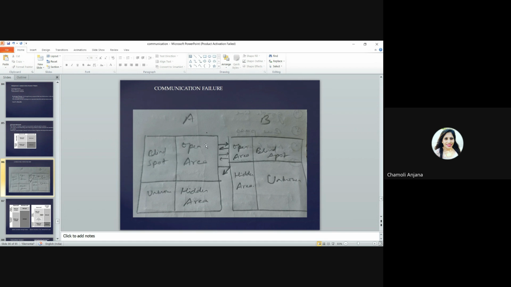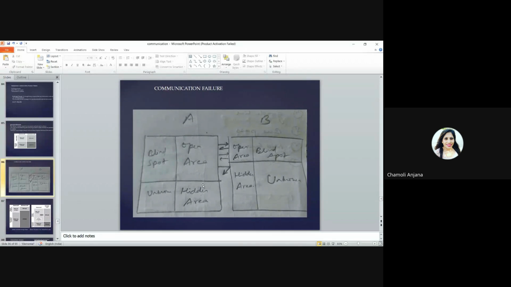So what happens is, when A is trying to communicate to B, up to some extent he will communicate, but beyond that the hidden area comes and he is not able to communicate, because B is not open. His open area is small. He does not want to exchange information. So this leads to communication failure. How do we overcome this?